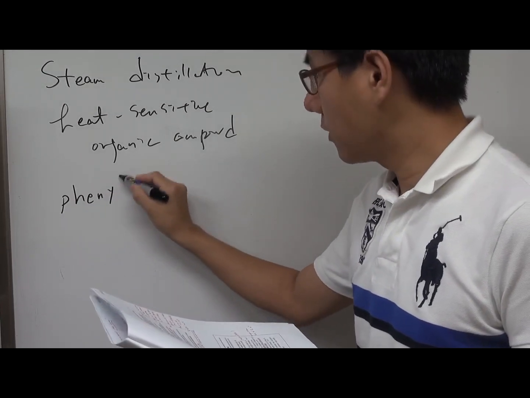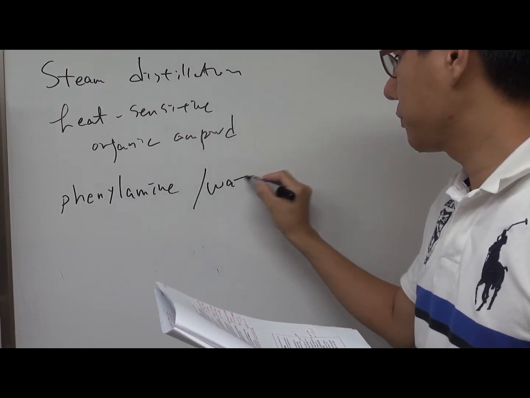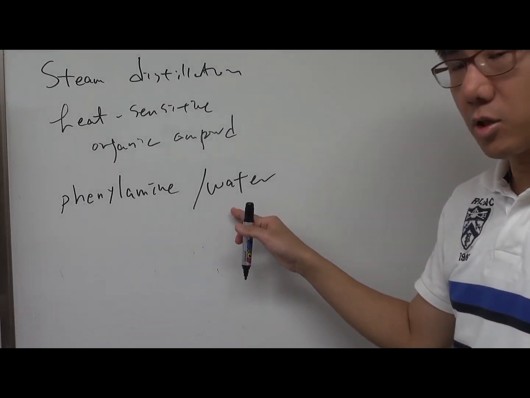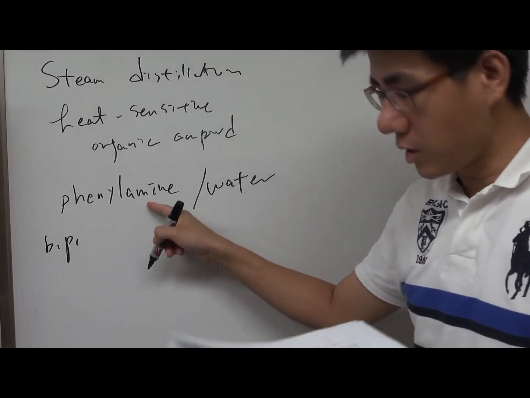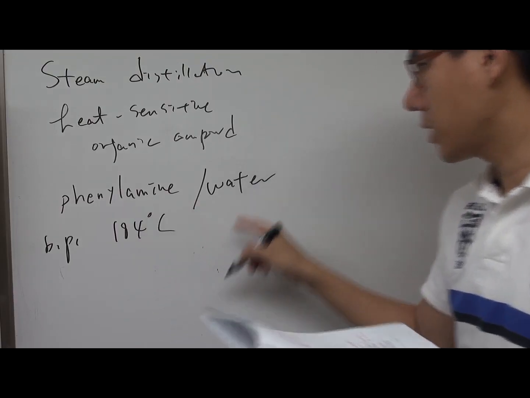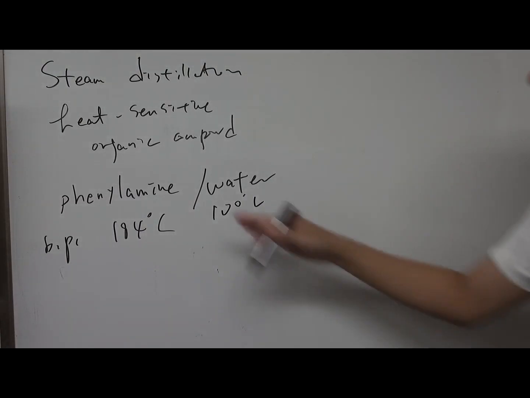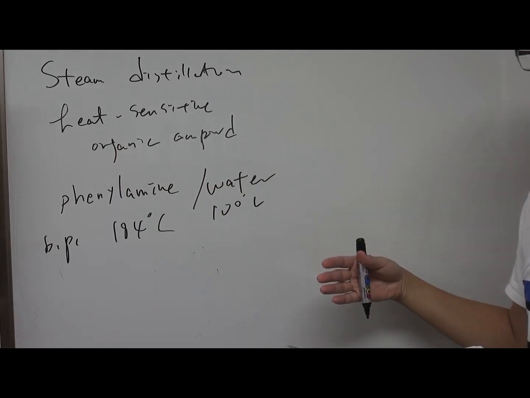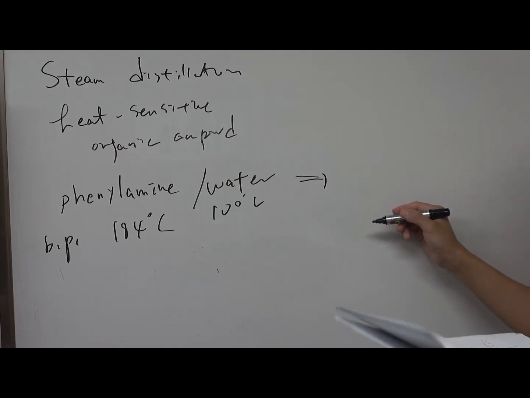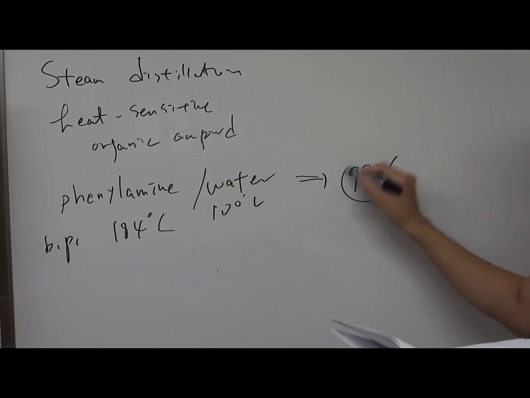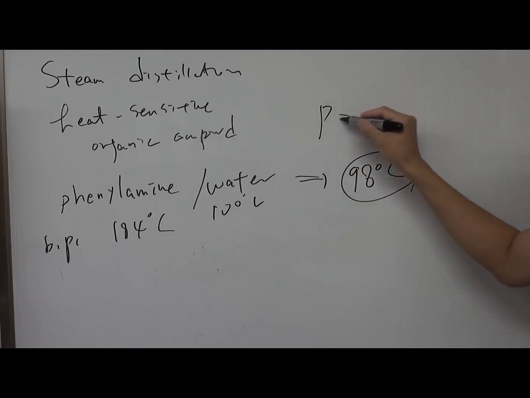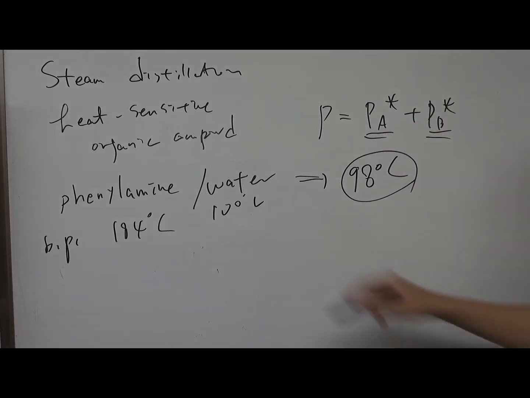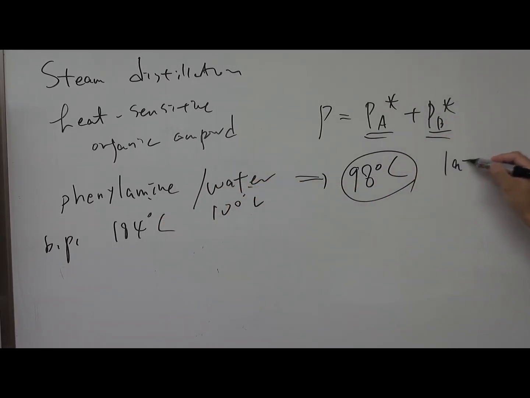For the mixture of phenylamine and water, these two are immiscible, and the boiling point (BP) of phenylamine is 184 degrees C, and water is 100 degrees C. But if you mix these together, agitate continuously, and heat the solution, this mixture starts to boil at 98 degrees C, at relatively low temperature, because even at this temperature, the sum of the vapor pressures of phenylamine and water reaches 1 atm.